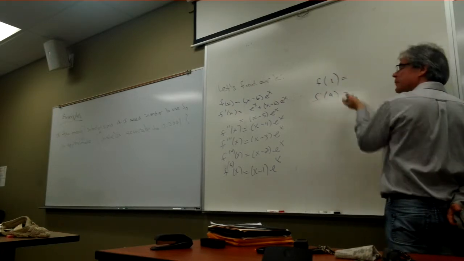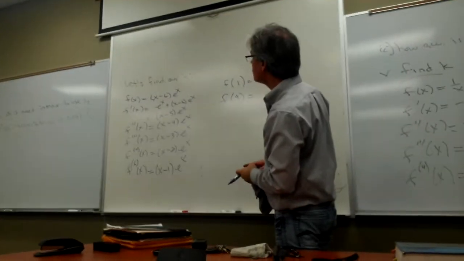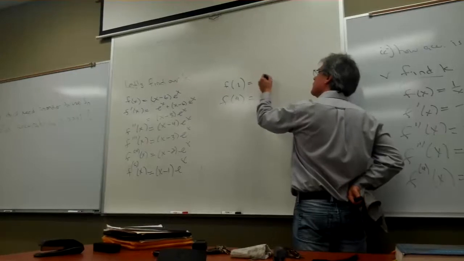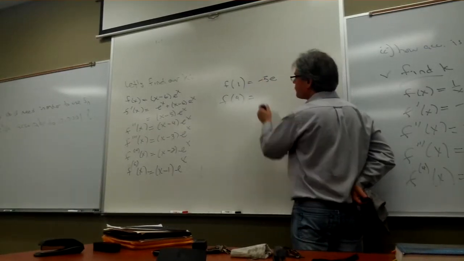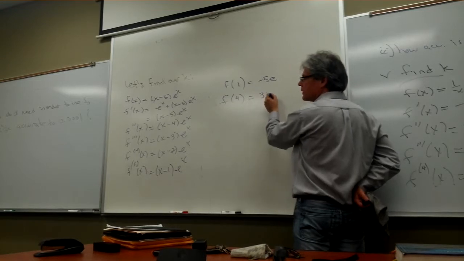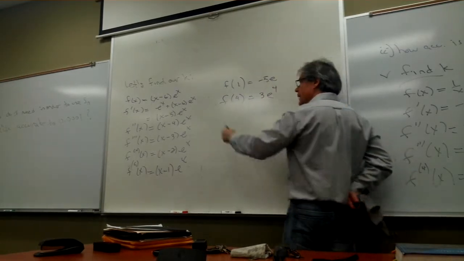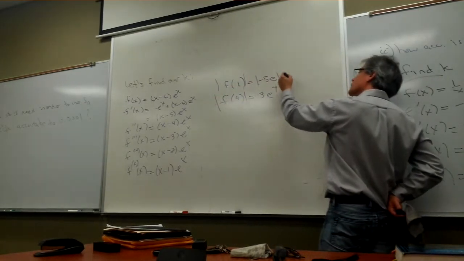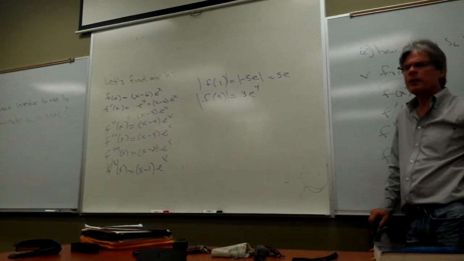And let's see, which one's the biggest? Well, f evaluated at 1 is, I really don't have any idea. I'll go right here. I guess it's just negative 5 times e to the first. But I think f of 4 is 3 times e to the fourth. In absolute values, I get these two numbers. Would you guys mind if I don't pull out my calculator?